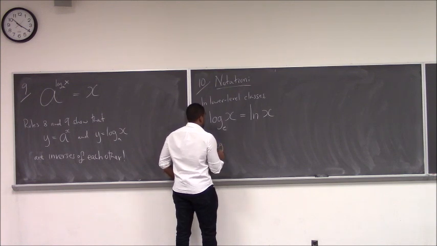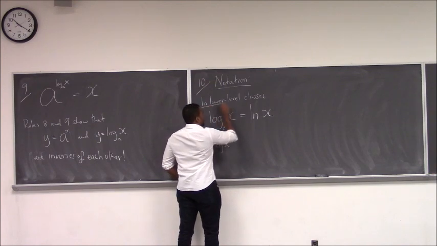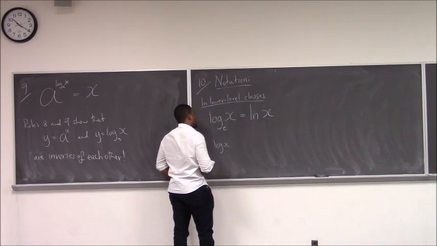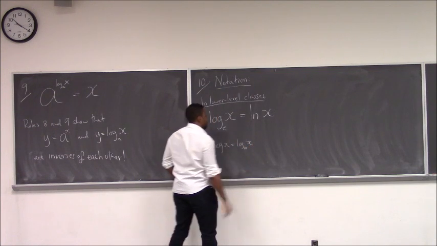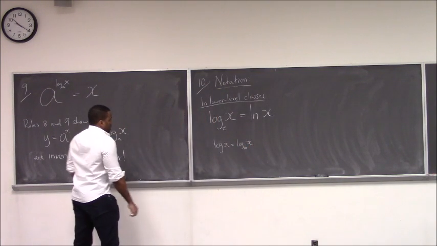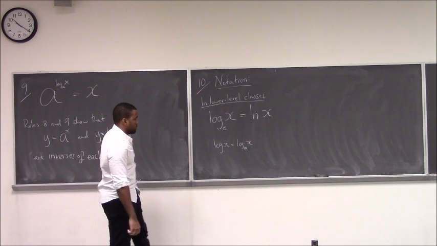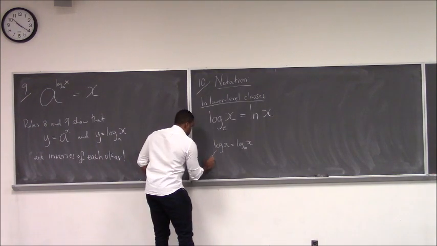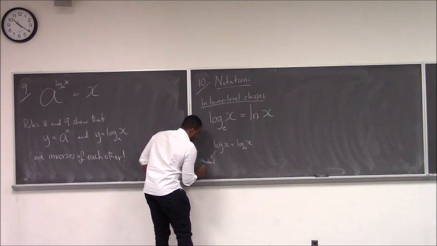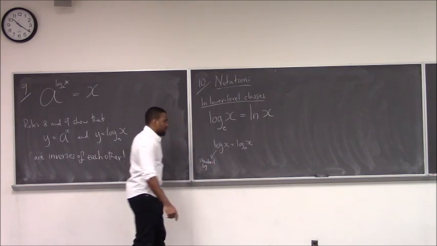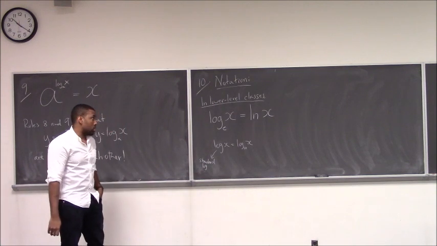And log of x, and again, this is in lower level classes, it's not the same when you go further. Log of x, if they don't write the base, would be log to the base 10. This is the standard logarithm, and the standard changes based on the discipline you are in.